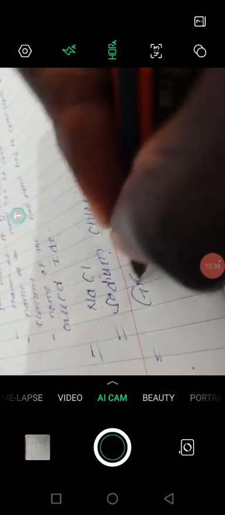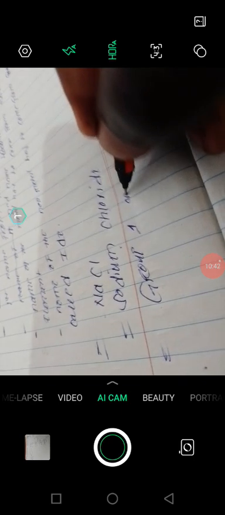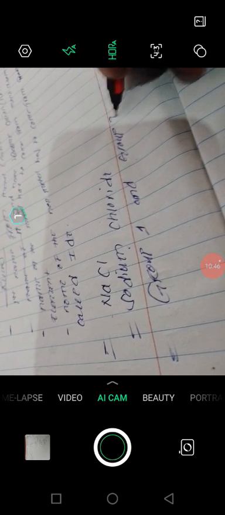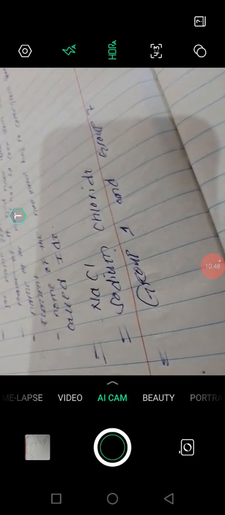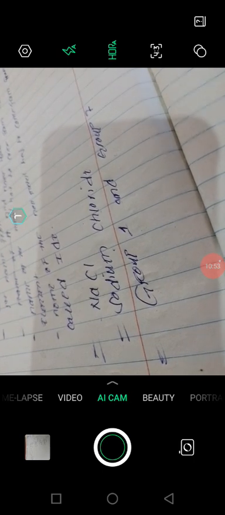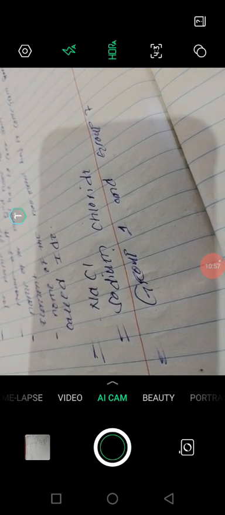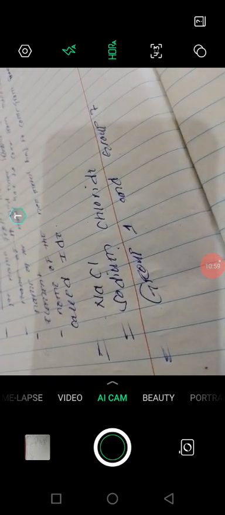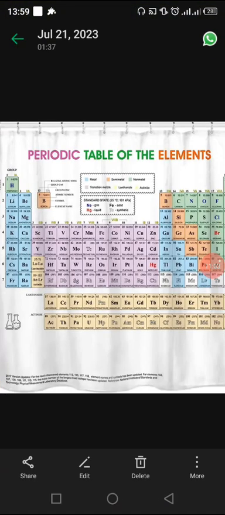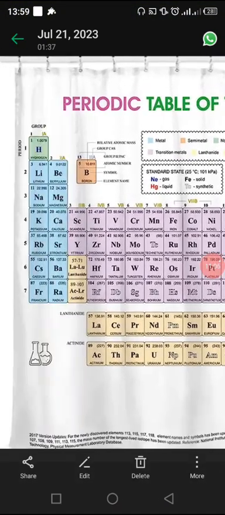For instance, if we pick a group 1 element and a group 7 element, what comes to mind is that group 1 elements are metals, and group 7 elements are non-metals, right? On the periodic table, I pick sodium.